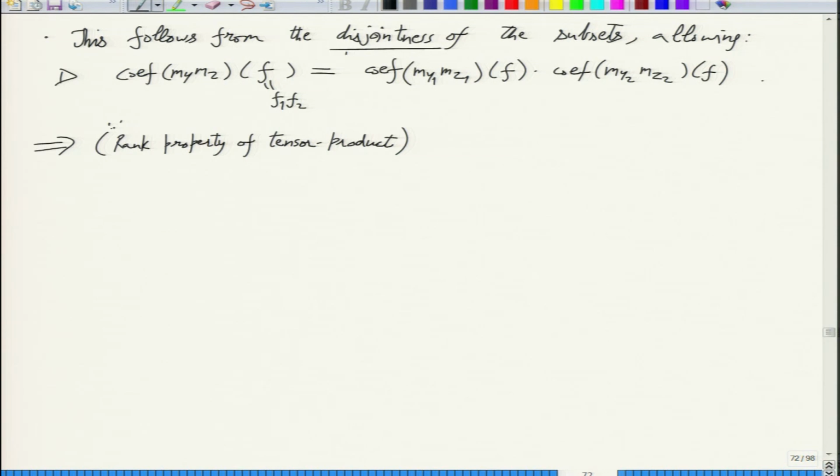so using the rank property of, so what is the rank of A tensor B? Yeah, how do you show that? Basis to basis and so on. Yes, so that is a simple exercise.